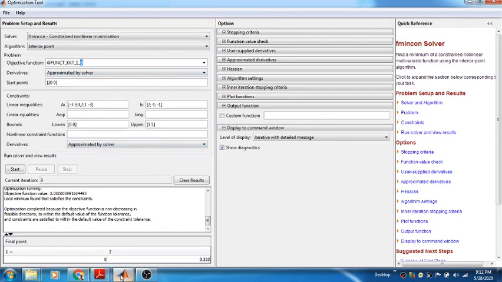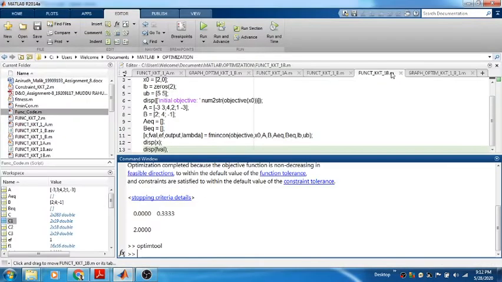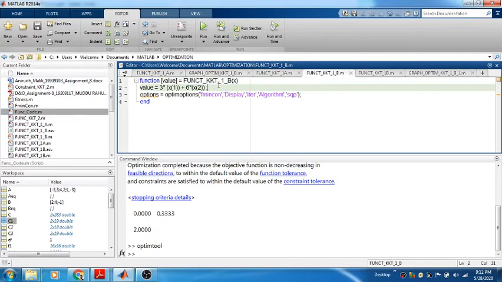If you see, I have already written the function here. This is your function, right? You need to write this function, and it will be displayed here. Only the function needs to be entered, and here we don't have any non-linear constraint, so no need to enter a non-linear constraint. So we only have a function.